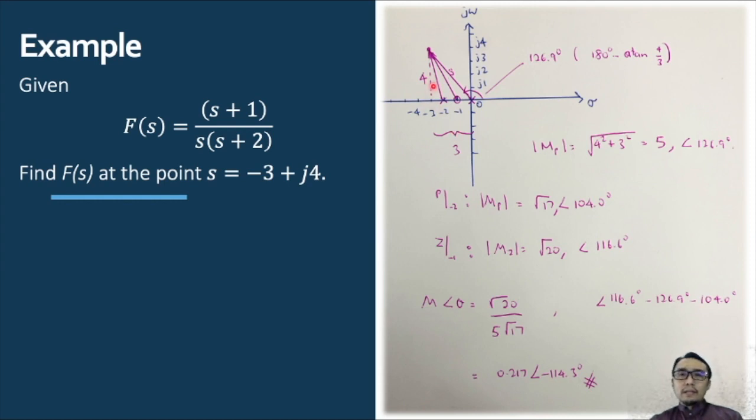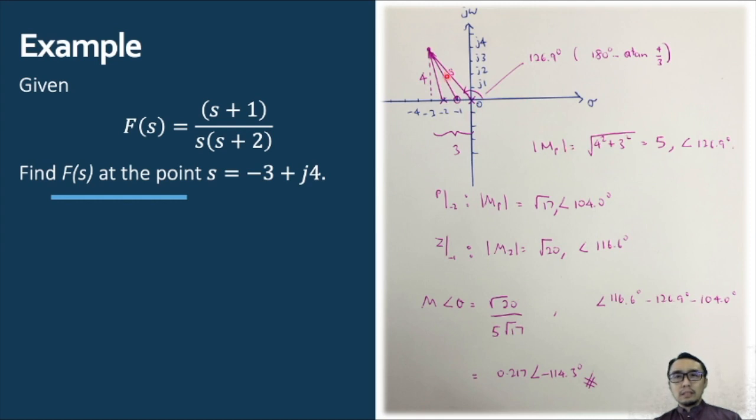If we do that, then we find the magnitude and phase, or the angle, of the individual vectors to this particular point, and you will see the magnitude of the overall resulting F will be as shown here. First, let's look at how we find the magnitude for this particular vector.